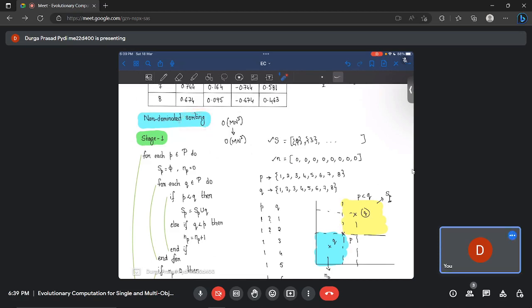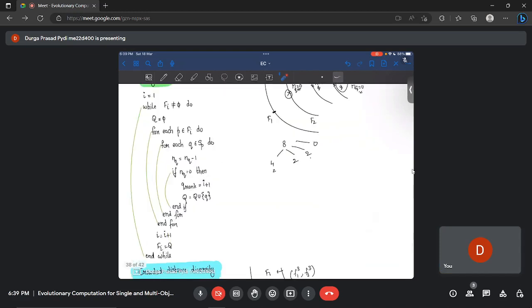If you use this particular algorithm, it will be of this complexity, where m is the number of objectives and n is the population size. There are three steps, and each one has a different computational complexity, so overall I have to take the maximum one.